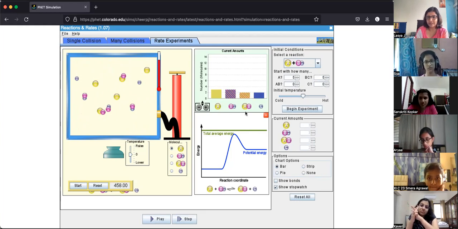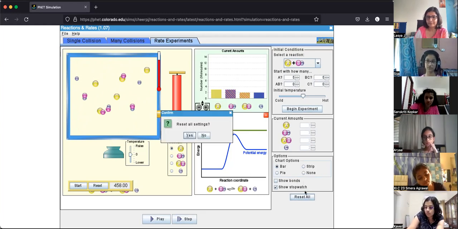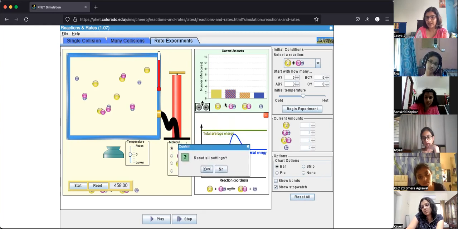Someone make a note somewhere so that we can compare. I started with 5 and 5 of each, 5 A and 5 BC. So at 458, 2 molecules of each is what I got.